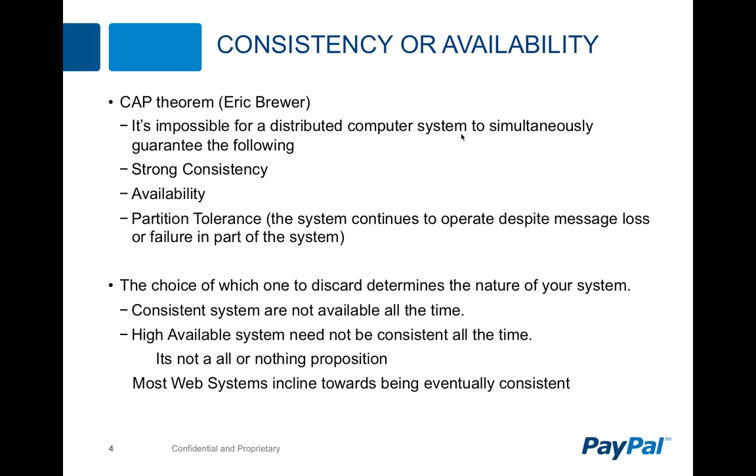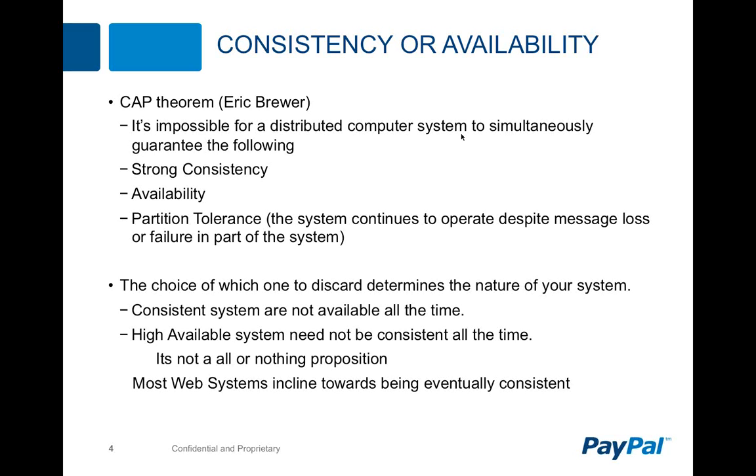Unless you're running everything out of a single box, you need to have a network across your system. So partition tolerance is something that's a given. So what the CAP theorem says in short is you either get consistency or availability, and you have to pick one over the other.